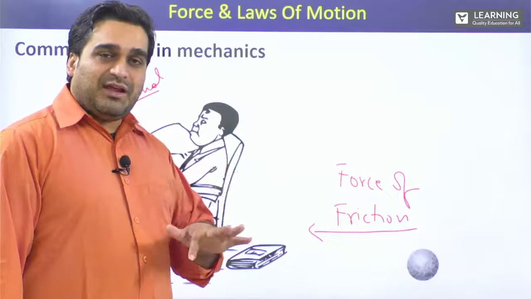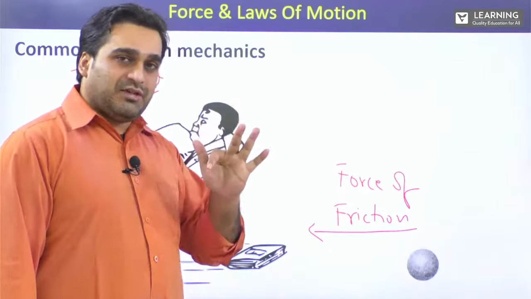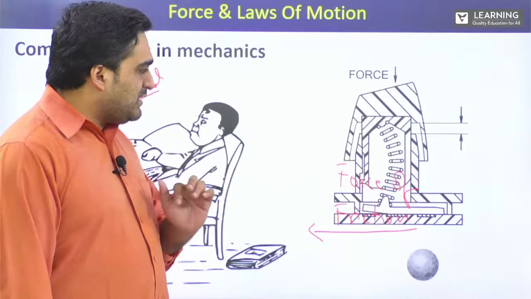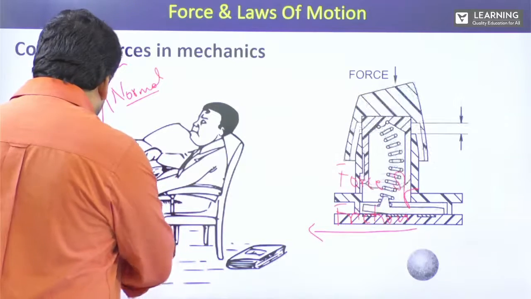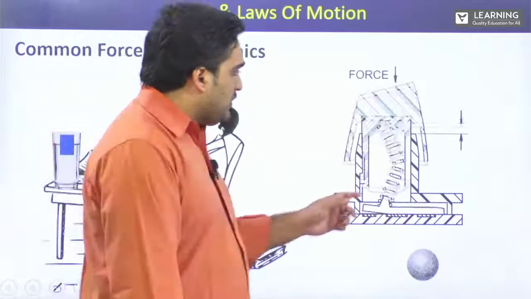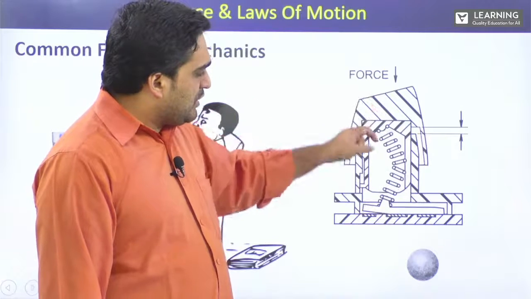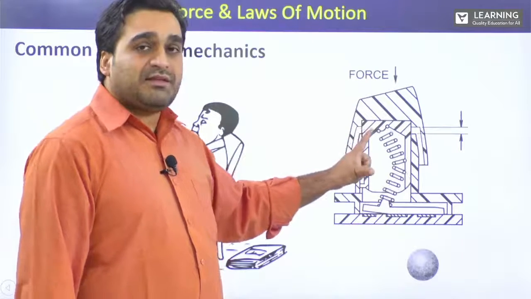When you type on your laptop keyboard, there's a spring that pushes back those keys. So let us observe one of those keys. I'll try to erase this part here. So here you notice this spring, as the keys are being pushed, the spring gets compressed and then it pushes back the key upward.